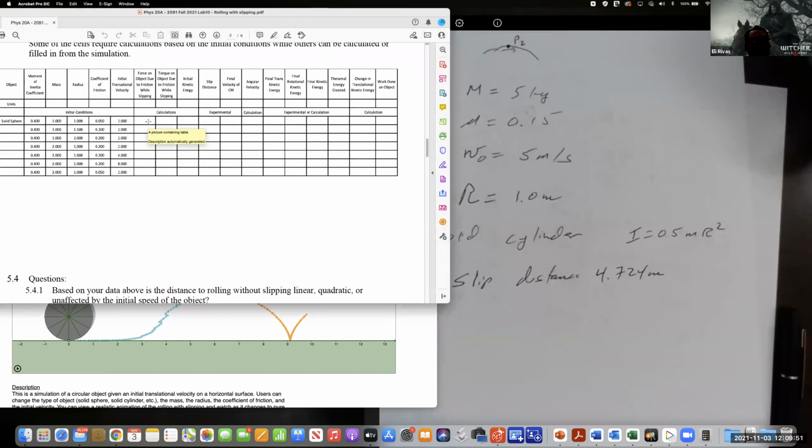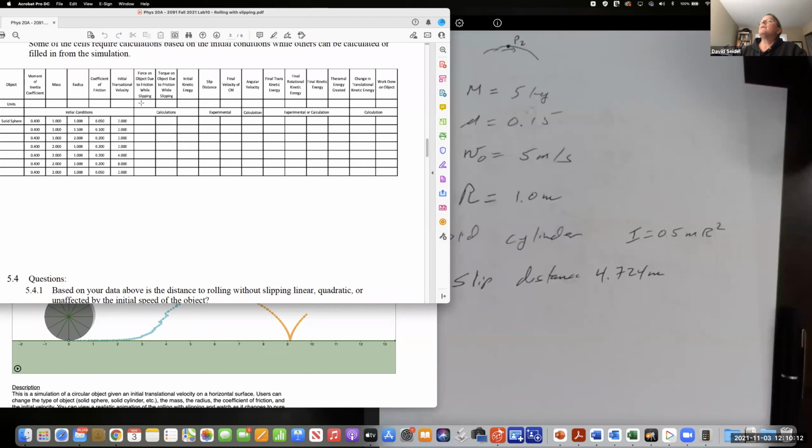You can calculate that. The force on the object due to friction while slipping is the coefficient of friction times mg. The torque on the object while slipping is the force times the radius, whatever radius this is here.